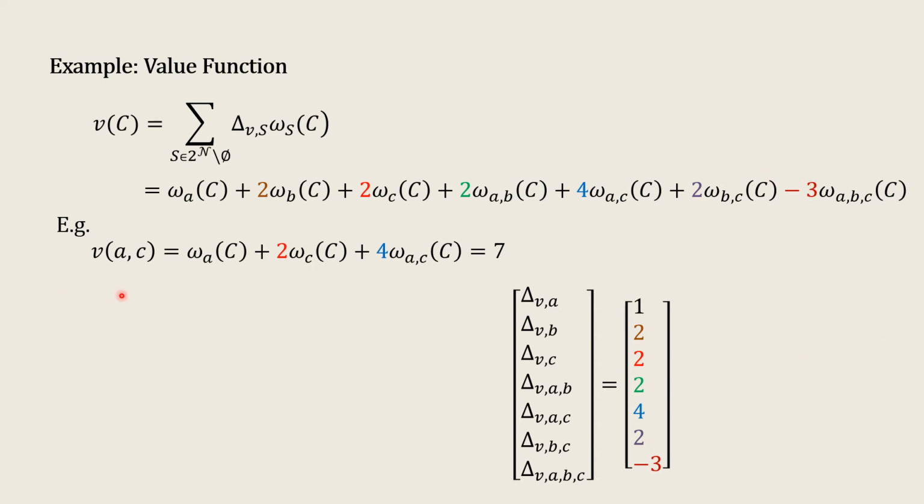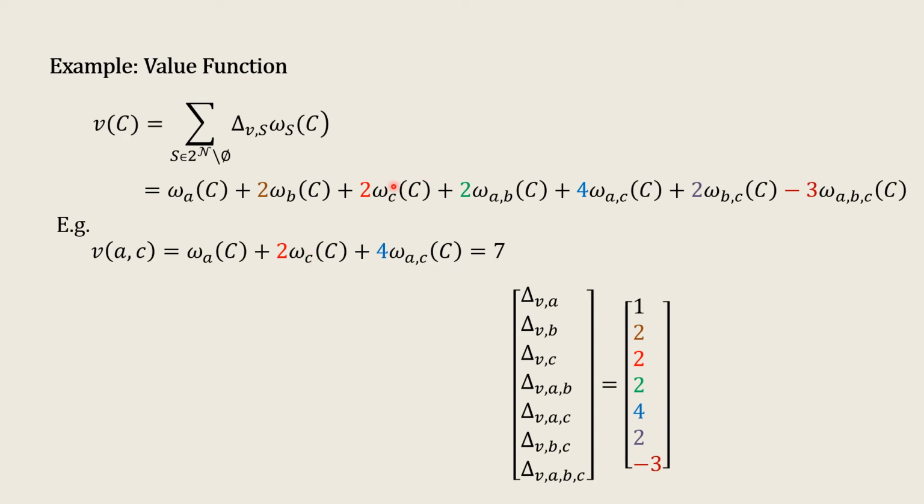For example, v of AC is equal to omega AC. Now B is not contained in AC, so omega BC equals 0. I will just ignore this. C is contained in this coalition AC, so I've included this here.